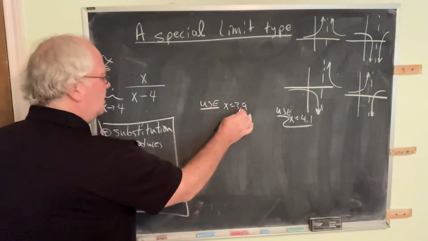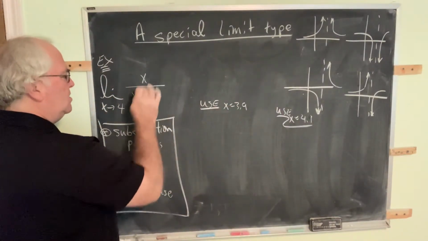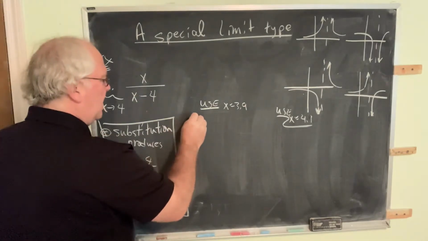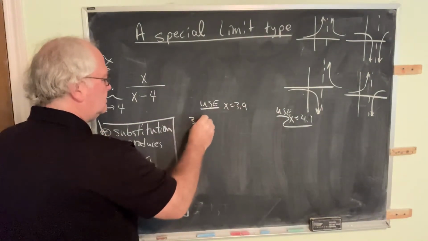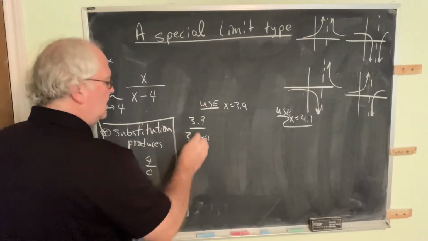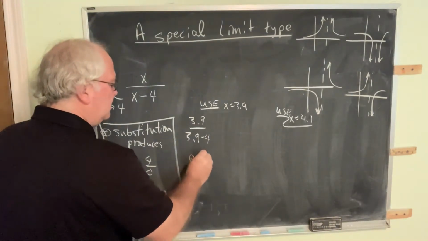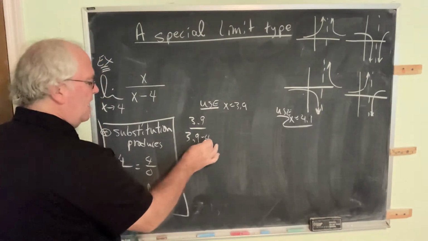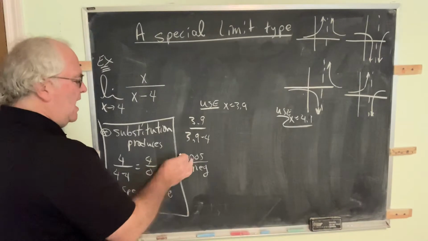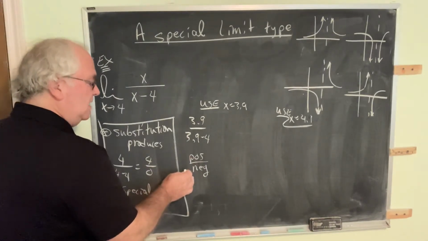So, substituting 3.9 into x over x minus 4, we have 3.9 over 3.9 minus 4. This gives us positive over, 3.9 minus 4 is a negative value. Positive divided by negative is negative.